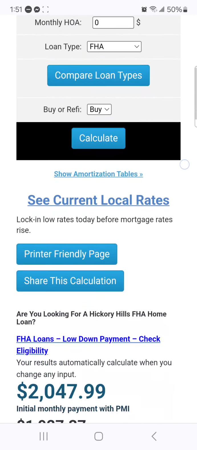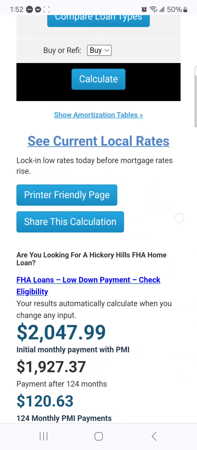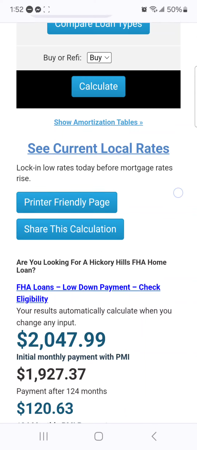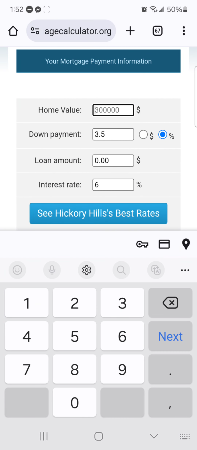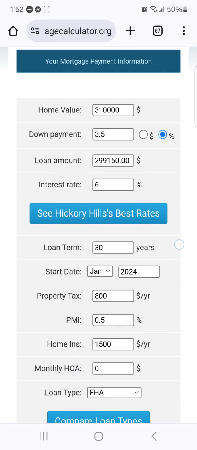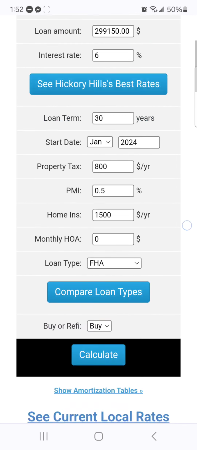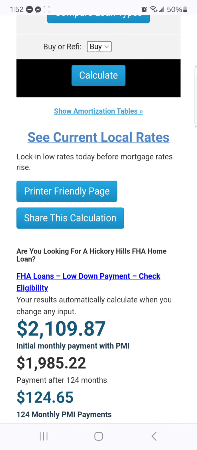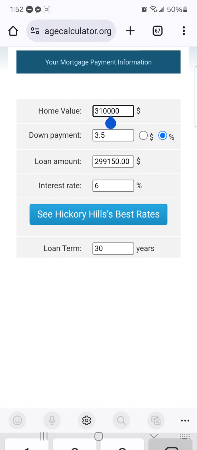Okay, that puts you at 2,047, which means your buyer's purchase price, if they had a max of 2,200, because the taxes are lower, they can actually increase the price. So let's try 310,000. I hope you guys get where I'm going with this, right? So 310,000, but lower taxes at 800, right? Still, that's 2,109.